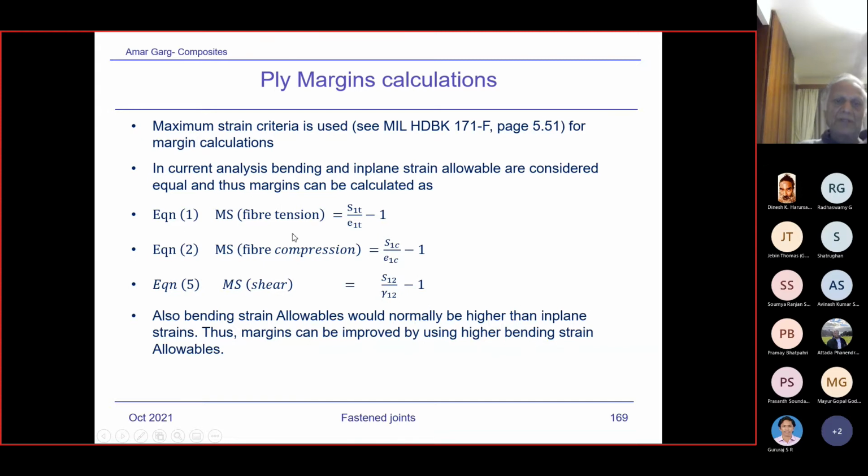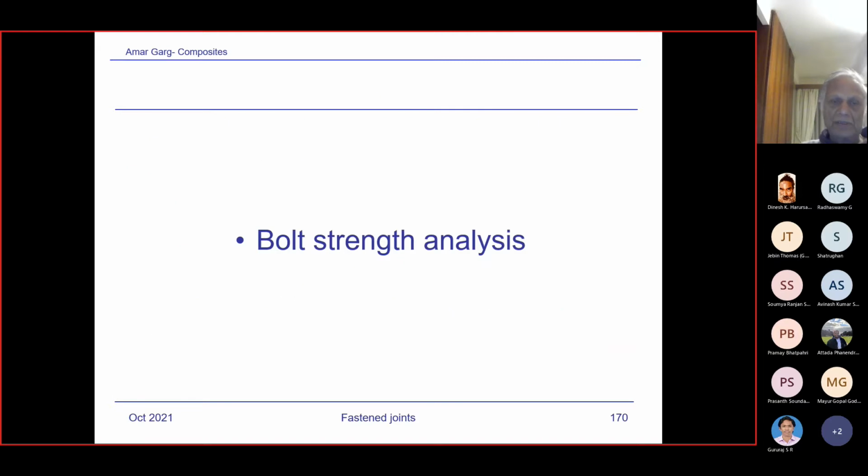So MS fiber tension is S1T upon E1T, so this is allowable tension strain, and this is applied tension strain, minus 1. Same thing for compression. So that's how you calculate the margins for each ply. Okay, next one is bolt strength.